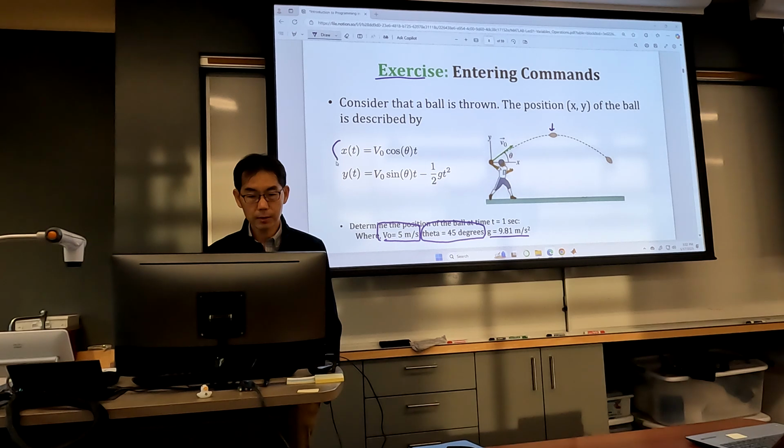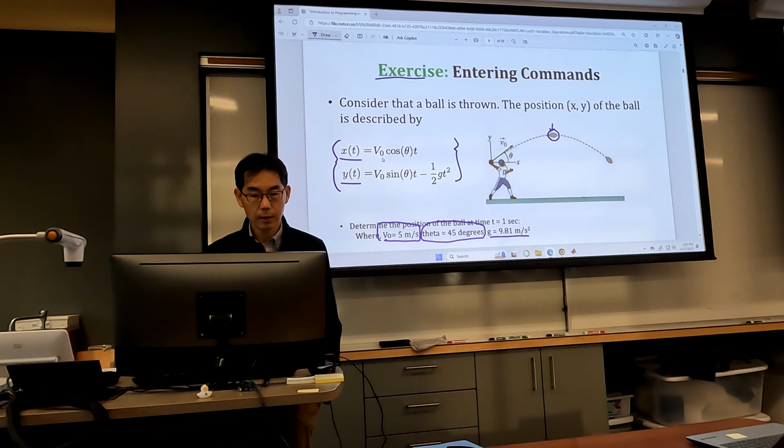So the x and y position is derived from the physics law. The x and y locations of the ball can be determined by this equation: x is the initial velocity times cosine theta times time t, and y has the gravitational acceleration, because gravity pulls down.